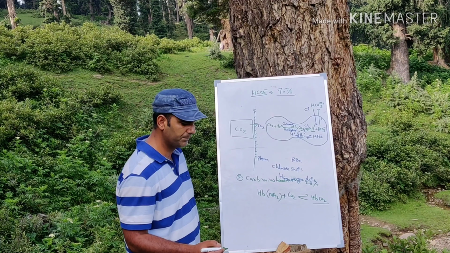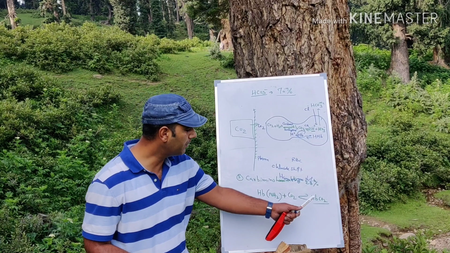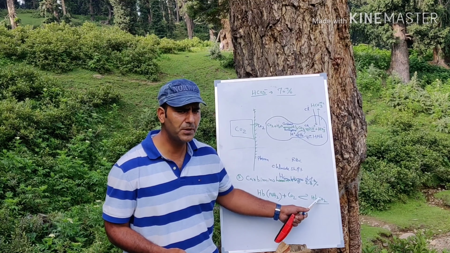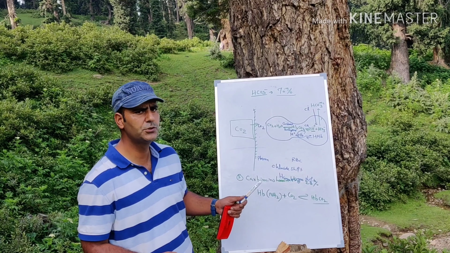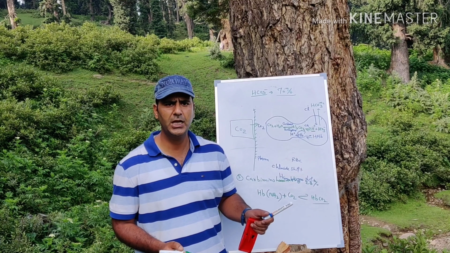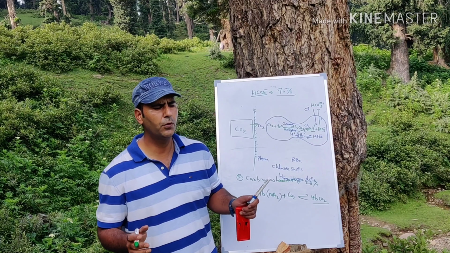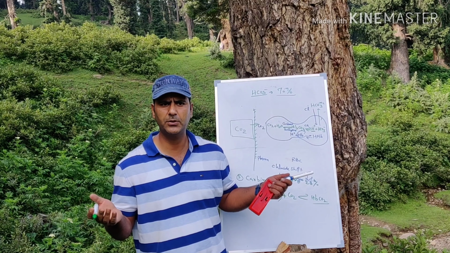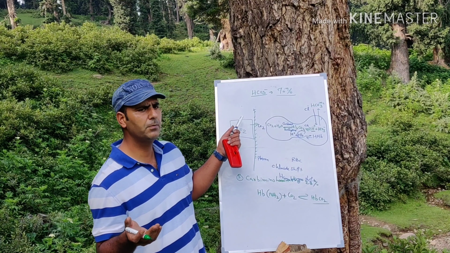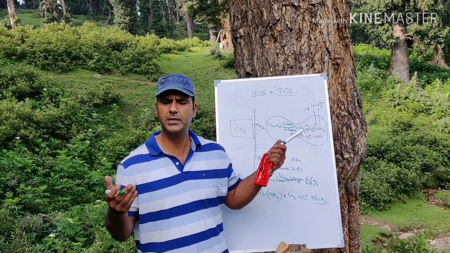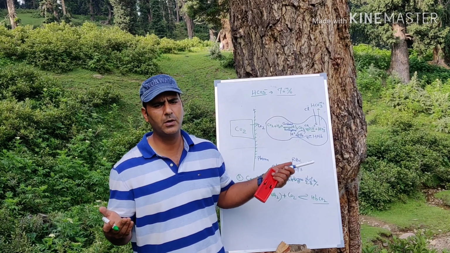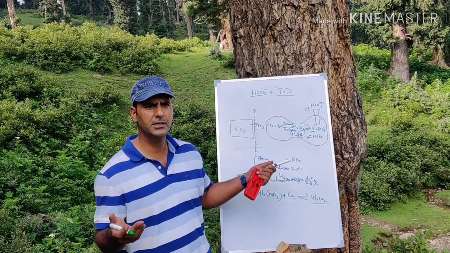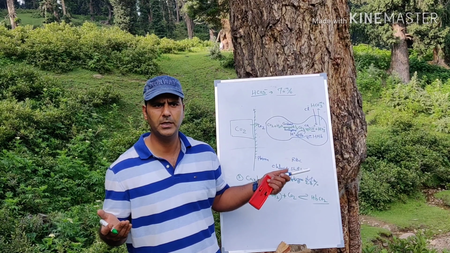In this way carbon dioxide is transported, the percentage of which is just 23%. Therefore, carbon dioxide is transported in three forms: in dissolved form, in the form of bicarbonates, and in the form of carbaminohemoglobin.